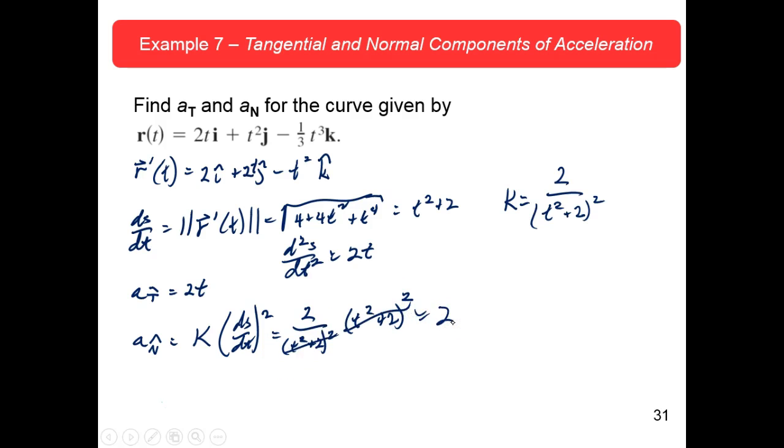Okay? Wow. So there you found your a sub t and your a sub n. A sub t is 2t and a sub n is simply 2, the normal component. Now, are we to do anything with that? I guess not yet.